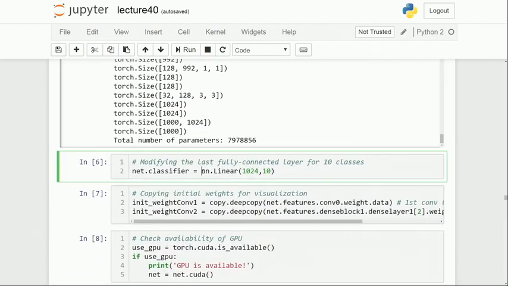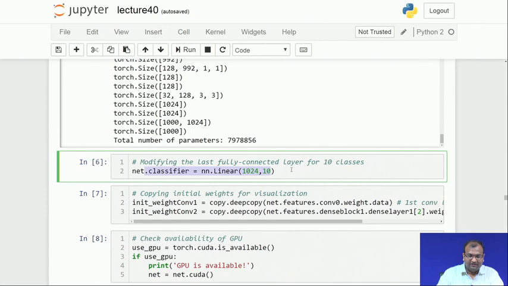Now comes the modification which we need to do. In the earlier case we were working with an ImageNet kind of problem where you had to classify into 1000 classes. I cannot have a mechanism of classifying into 1000 classes, so we have to bring it down, because here it is just 10 classes. So let us classify it down to 10 classes, and that is the next addition we make.